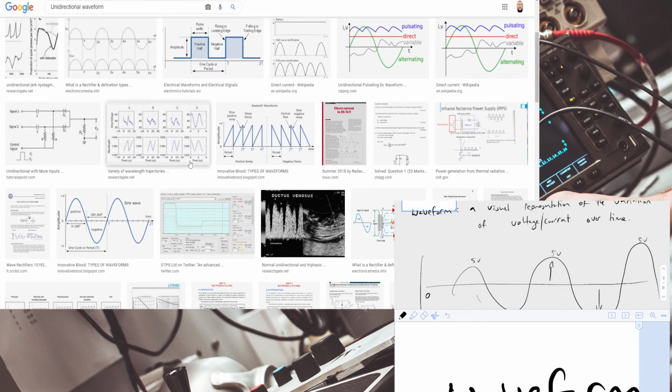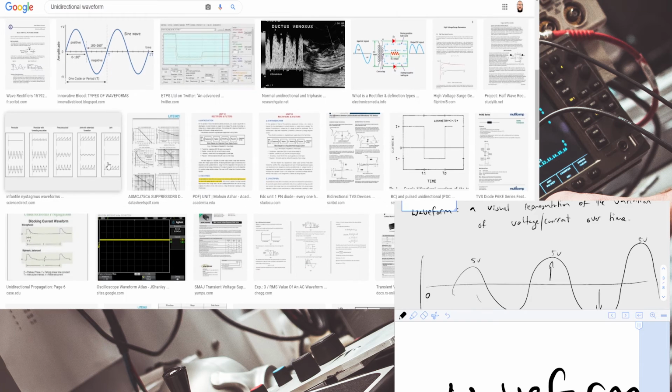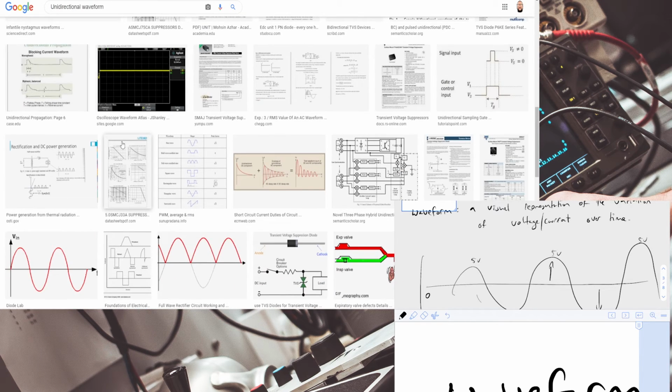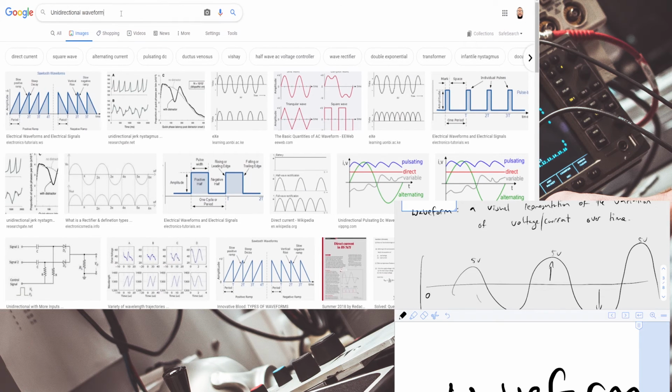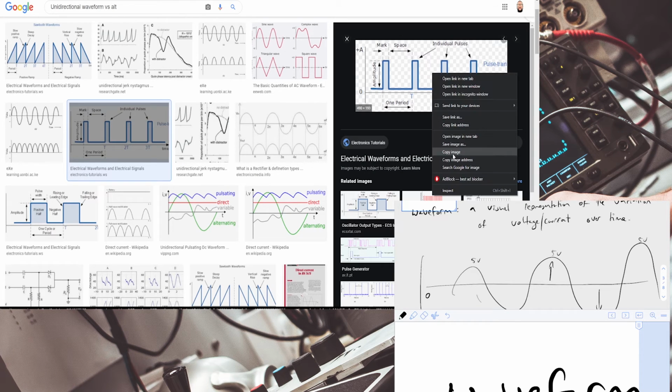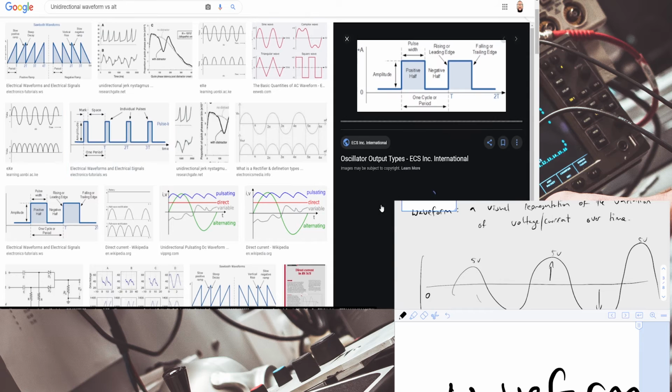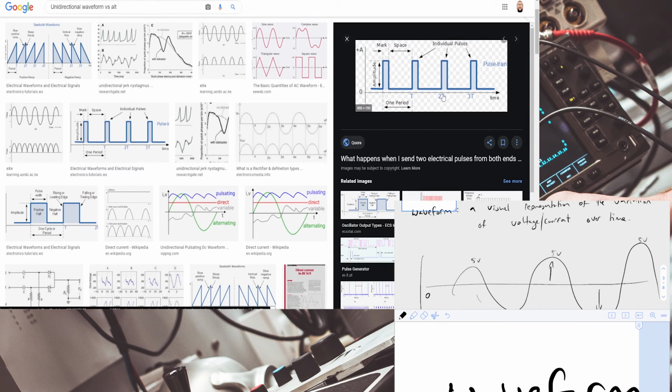Like, I thought that would be simple. Versus alternating. Okay, so let's go with that. This one will do. I want one with a background. Why are they all the clear images? Confusing.